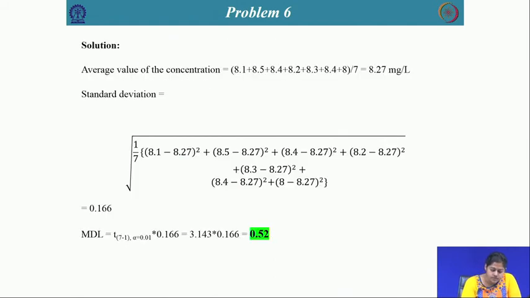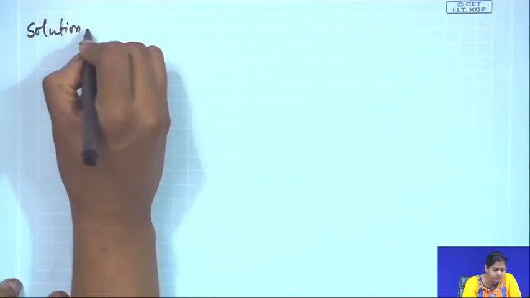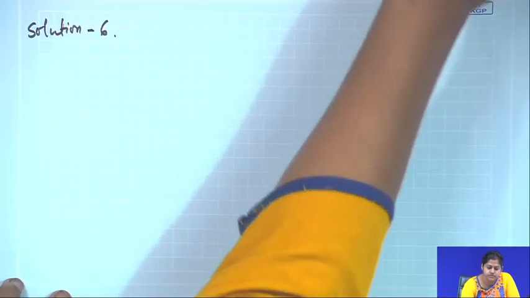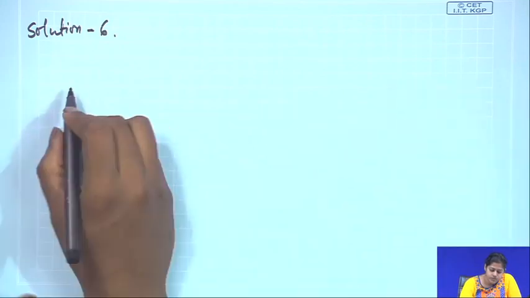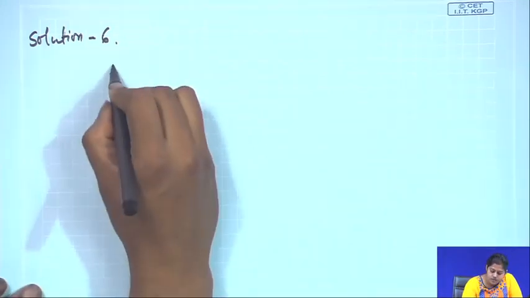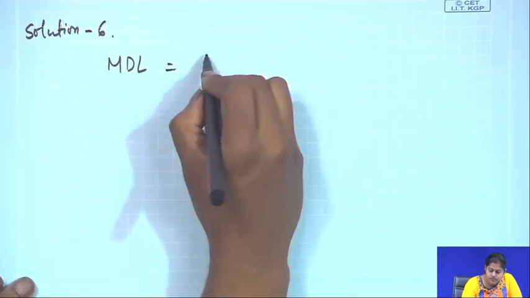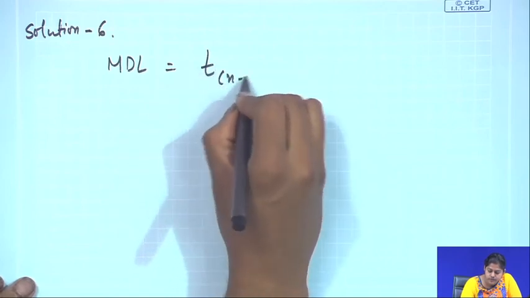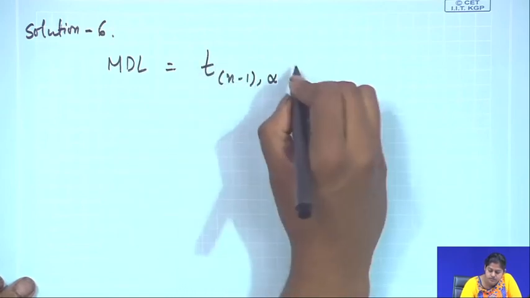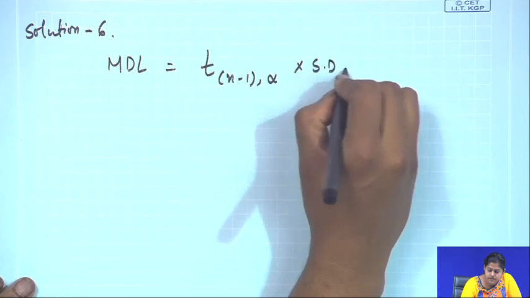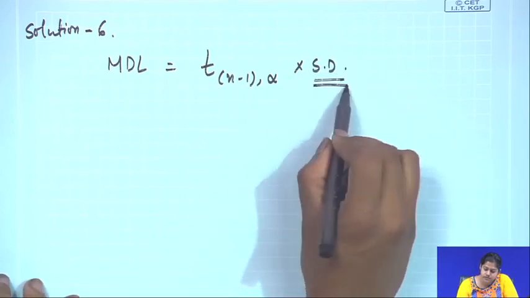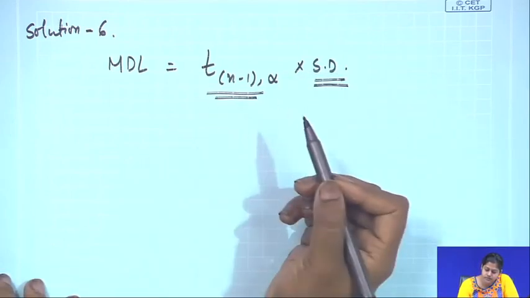So, coming to the solution of problem number 6. First of all, MDL is equal to t n minus 1, alpha, into standard deviation. So, we need to calculate the standard deviation because the t value is already given in the question.